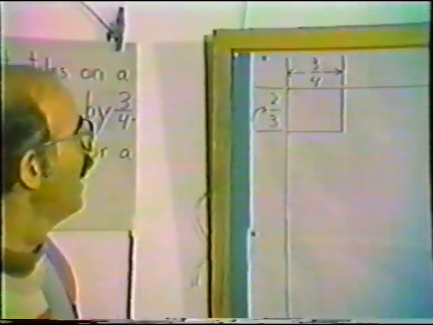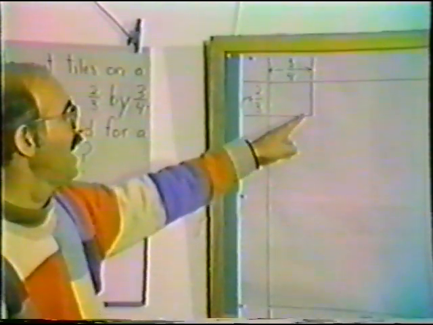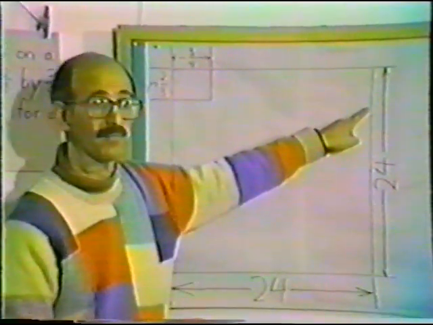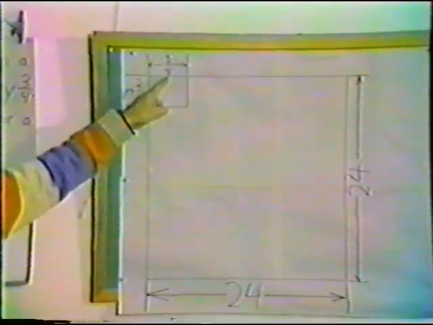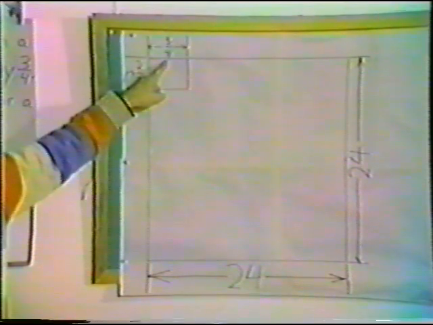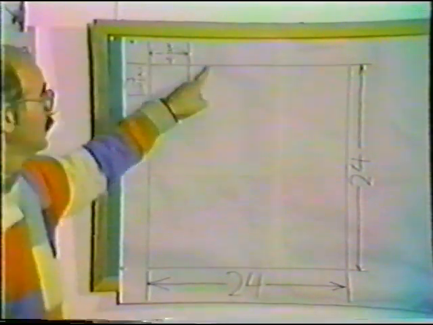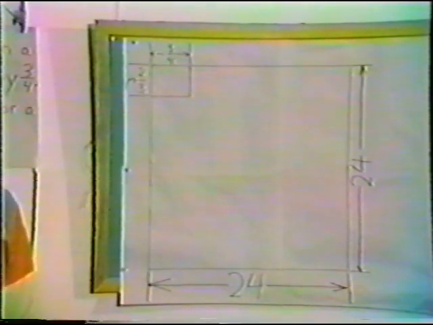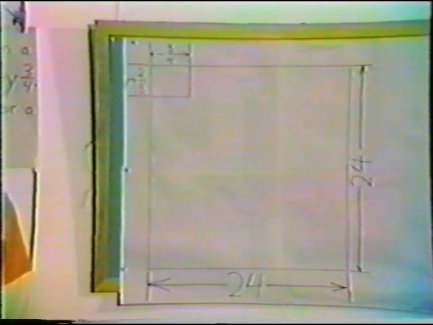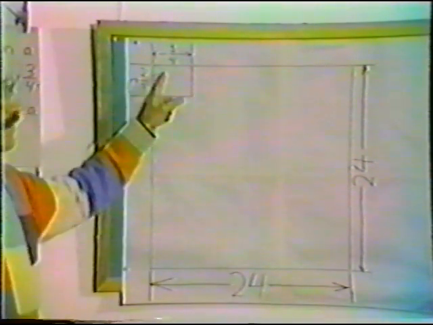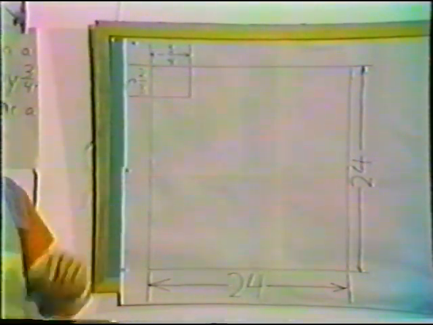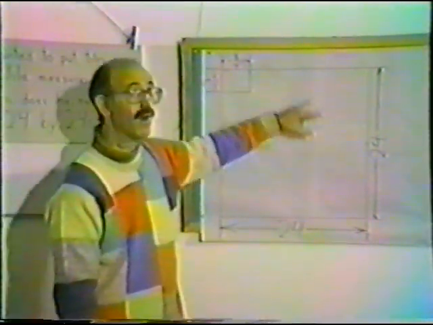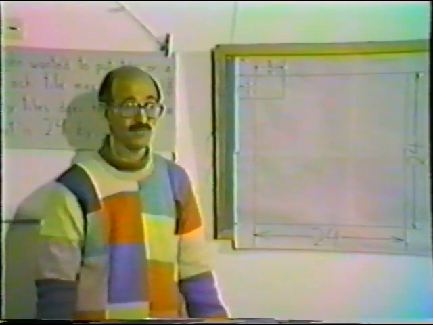Well, how are we going to find out how many we need to go across the top? Each one is 3/4, and the whole distance is 24. What do we do with those two numbers, 24 and 3/4? We want to find out how many 3/4 there are in 24.